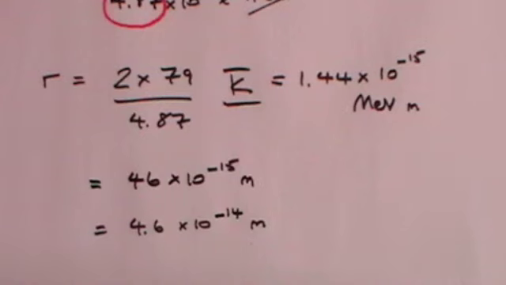When it comes to a stop, according to this formula, the alpha particle is 4.6 times 10 to the minus 14 meters away from the center of the nucleus. Well, that's not necessarily the radius, but it gives us a flavour of how small the nucleus is. 10 to the minus 14 metres, according to this, which is 1/100 million millionth of a metre.